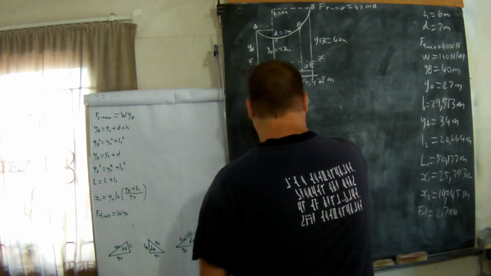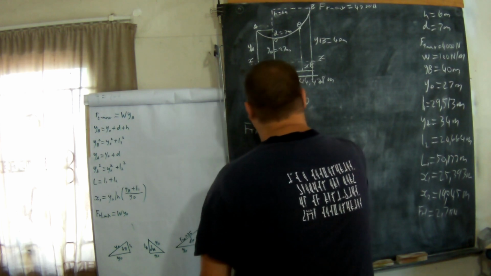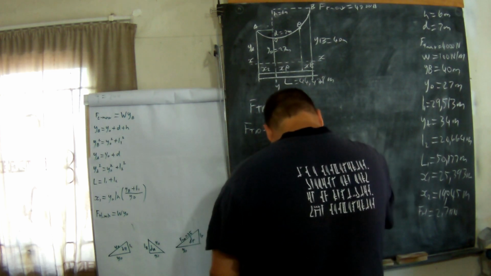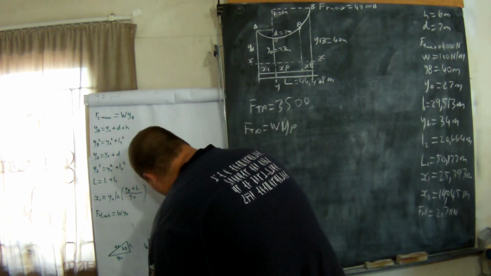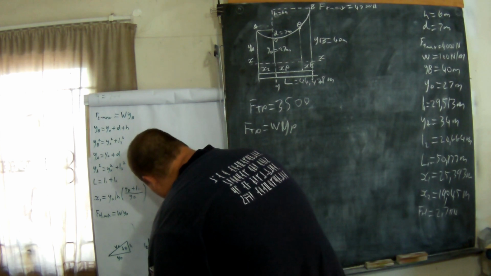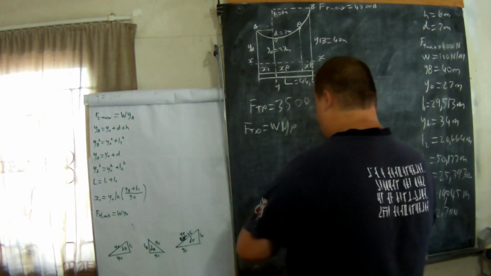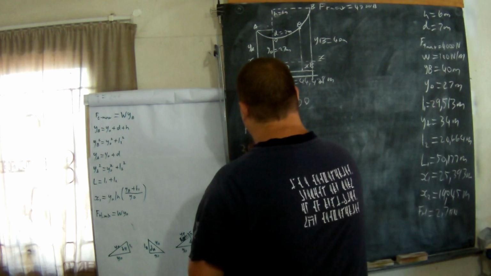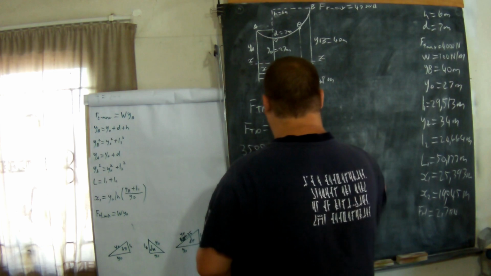Now FTP is also equal to W times YP. So 3500 equals 100 YP.